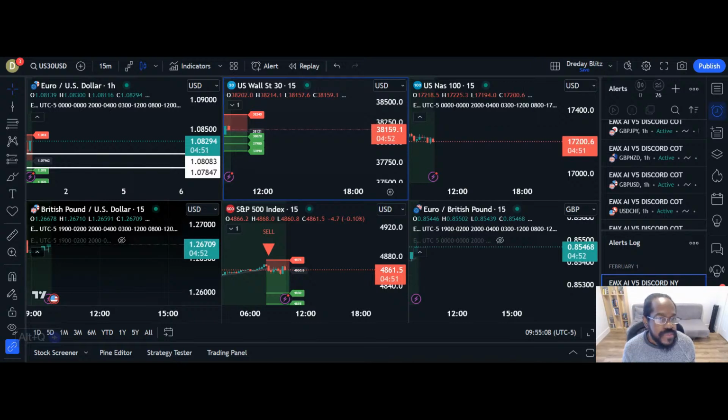All right. So we have less than 5 minutes left before the news event here. We have ISM manufacturing PMI for the US. So we'll see how that will affect the market. The forecast is 47.2. Last month it was 47.4.